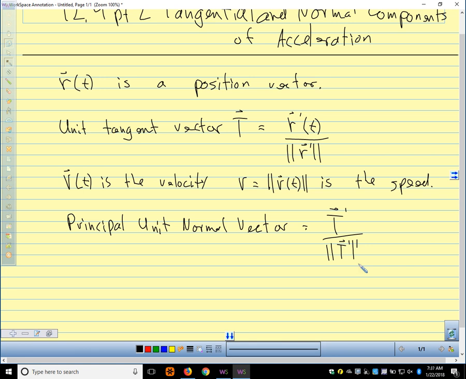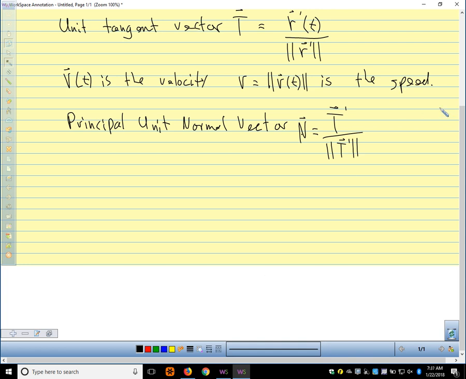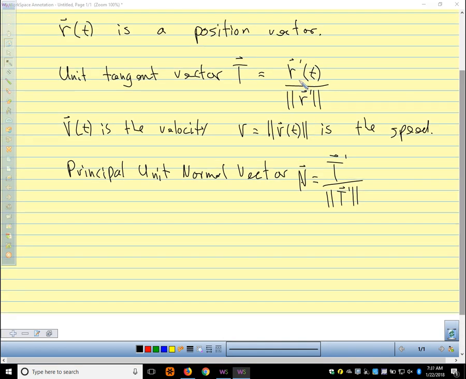So what we want is a component of acceleration in the direction of T, and another component of acceleration in the direction of N. Well, what I'm going to do is use this expression to write T equals v over the magnitude of v.